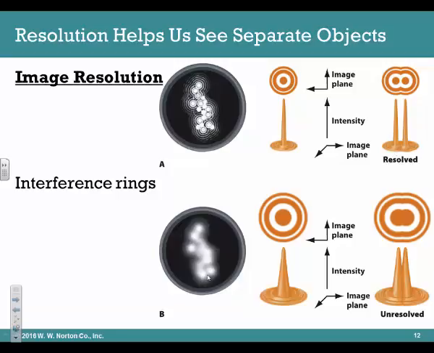Whereas you're not really too sure in Part B because they're unresolved. The resolution is affected by the wavelength that's hitting the object, and also by the bending of the light, possibly resulting in less light going through to the detector.